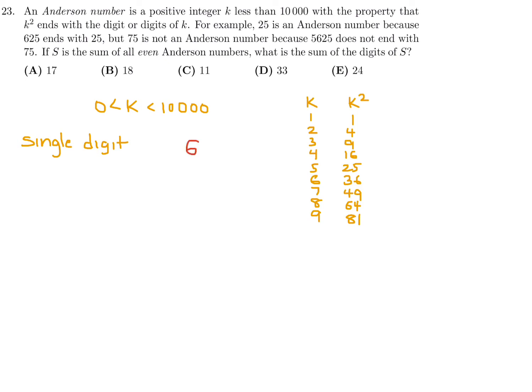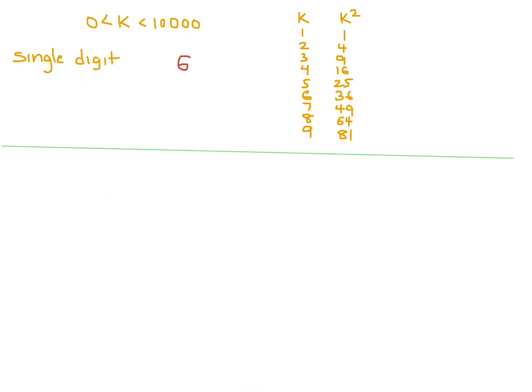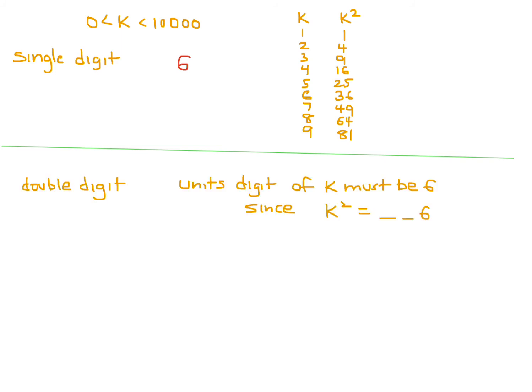Now we will move on to double digits. And double digits has an interesting conclusion that we can make from the single digit: the units digit of k must be 6. There's no other way that this can work if we're talking about even numbers, because if you look at this table, when you square them, 6 is the only even number for which this holds true.